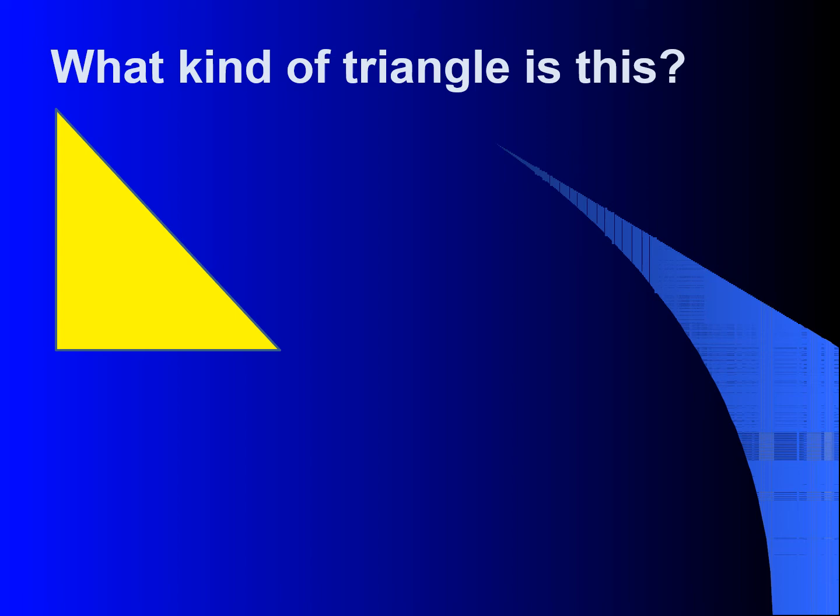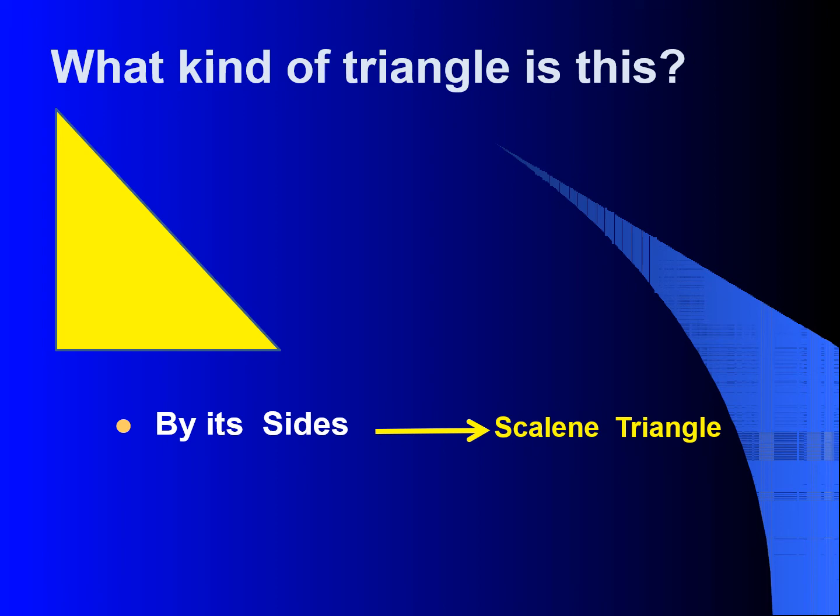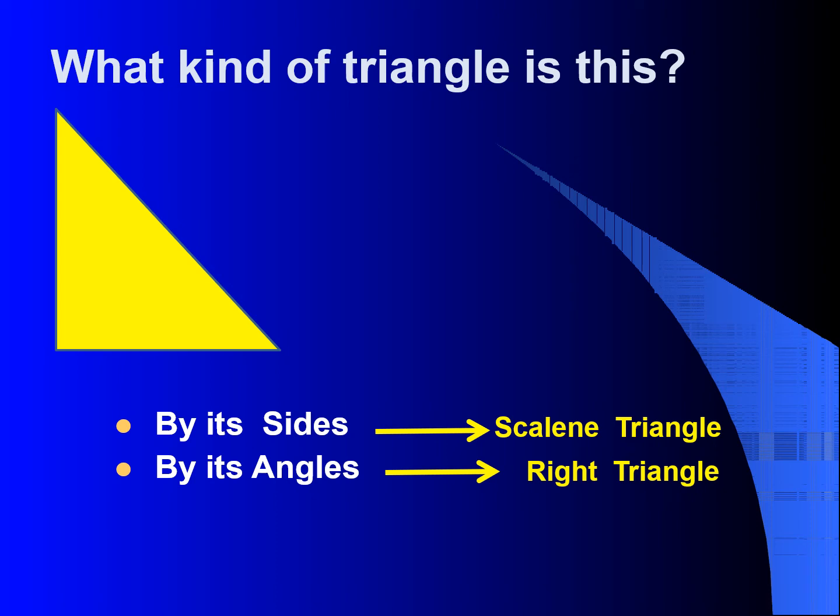So there are two names for that triangle, one according to its sides and one according to its angles. According to its sides, it will be a scalene triangle, because all of the sides are different, not the same, and by its angles, because there is one right angle here, it's going to be a right angle triangle. Or we can name it a right triangle.